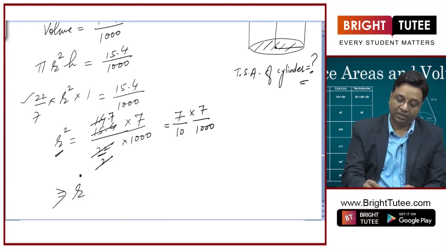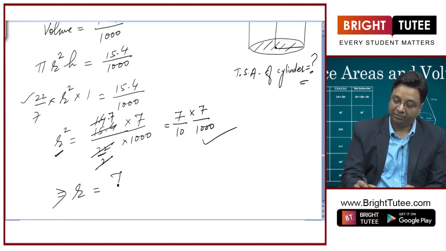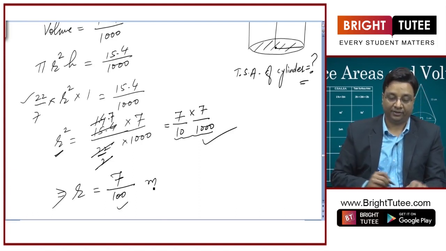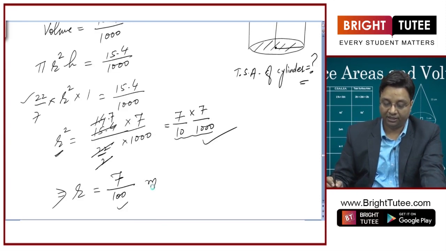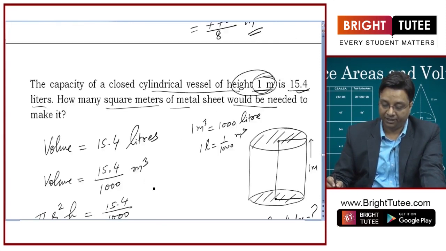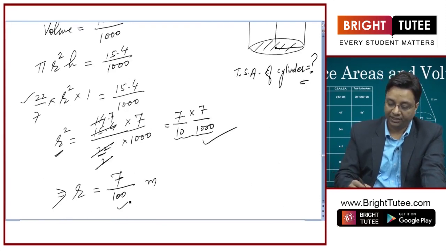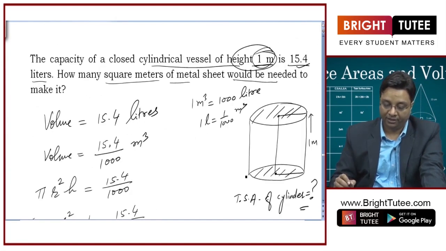So square root of this will be r and square root of this will give me 7 on the numerator side and there are 4 zeros in the denominator. So it will give me 2 zeros here, right, and this is the radius in meters. Okay, radius of this cylindrical vessel in meters. And if you want to convert it into centimeters, you can say 7 centimeter is the radius.